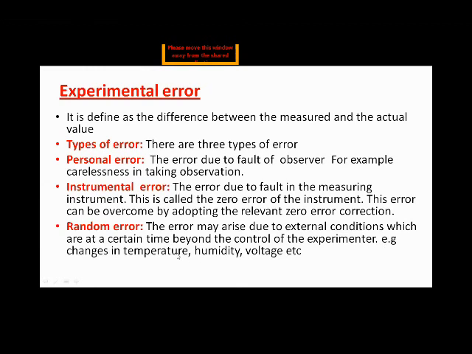Examples of random error are changes in temperature, humidity, and voltage. Let's suppose we operate our fan and there is a drop in voltage, so the speed of the fan becomes slow. That is said to be a random error.